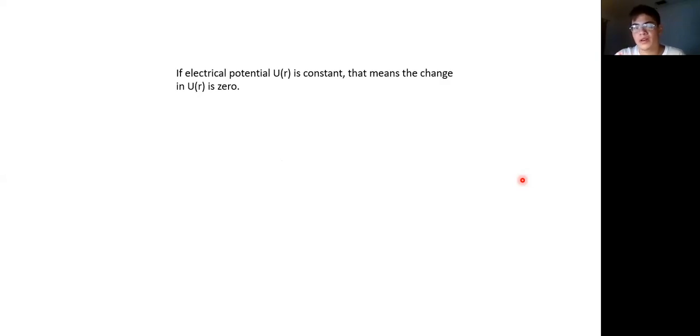And when we go back to calculus, the change in a function is just going to be the derivative with respect to the independent variable. So, in other words, the derivative of U of R with respect to R is going to be zero. That's what it means when the change is zero, or in other words, the potential is going to be constant.